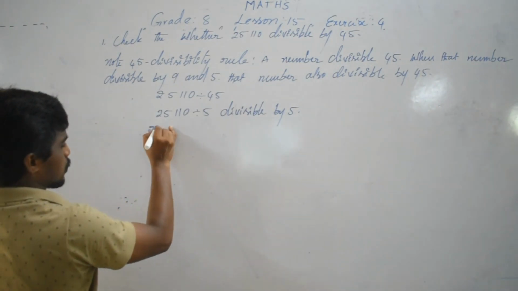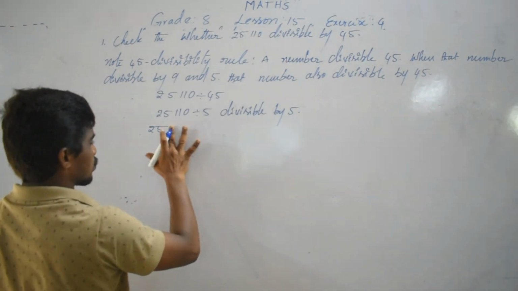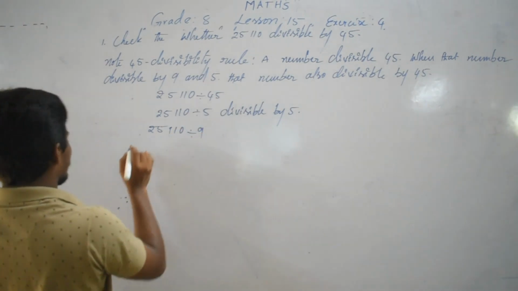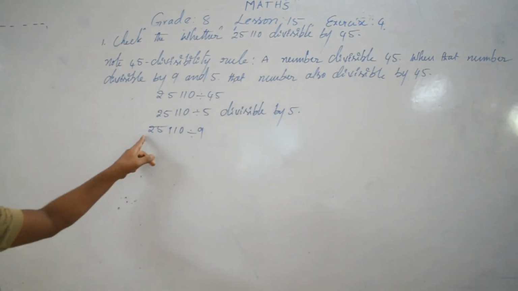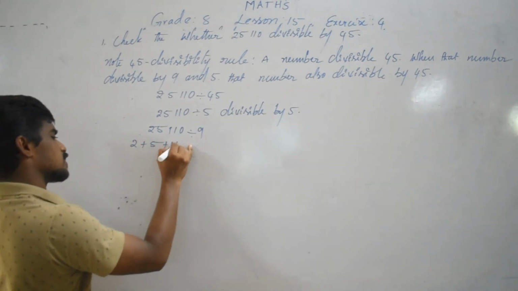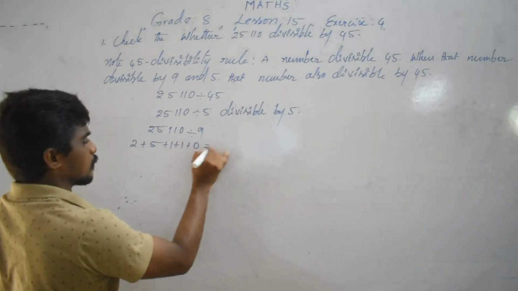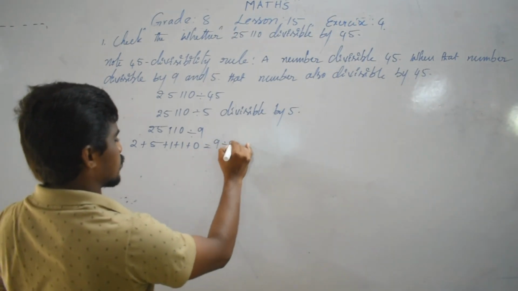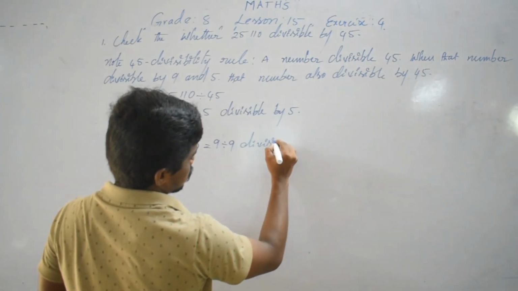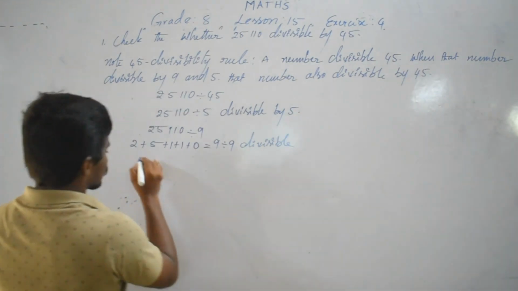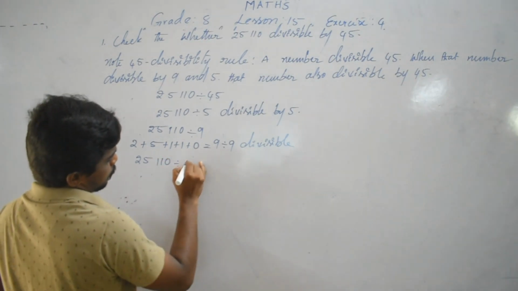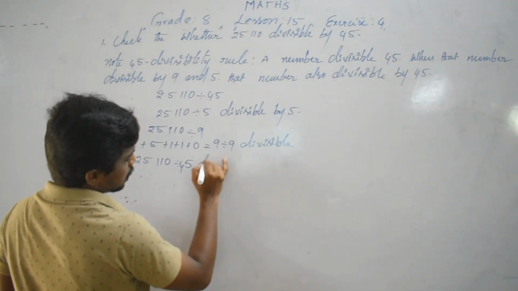Next, 25,110 divided by 9. The 9 divisibility rule: the sum of all digits, 2 plus 5 plus 1 plus 1 plus 0, is 9. 9 divided by 9, divisible. So 25,110 divided by 45 is divisible.